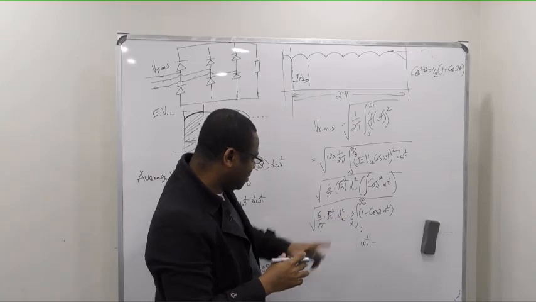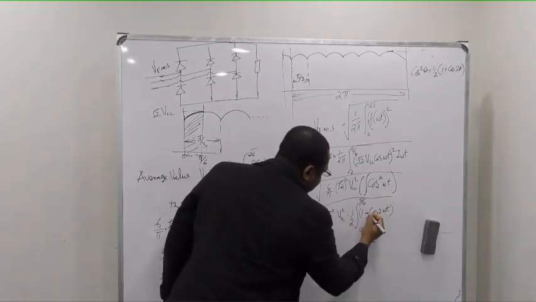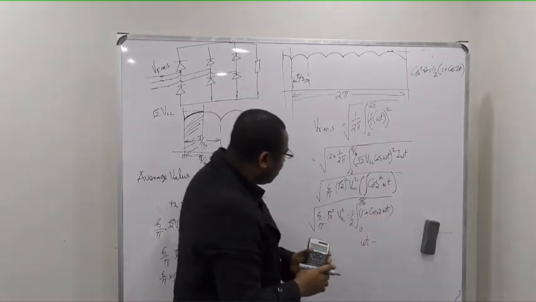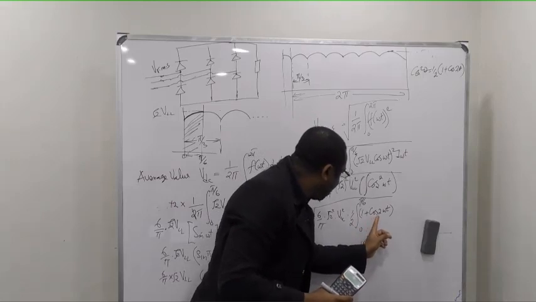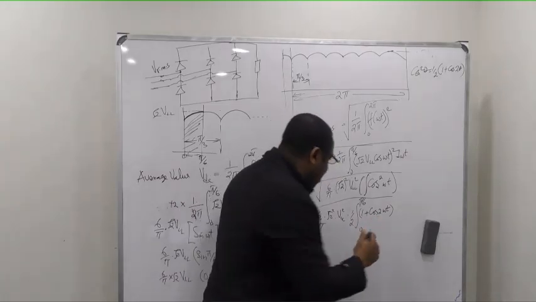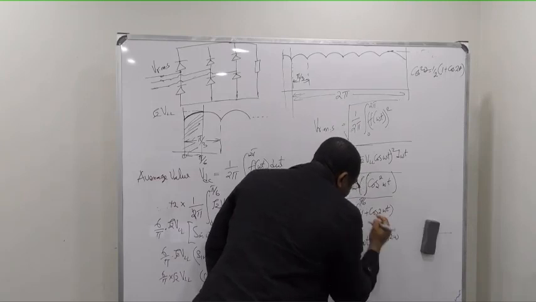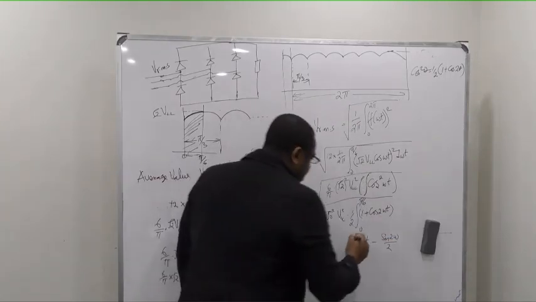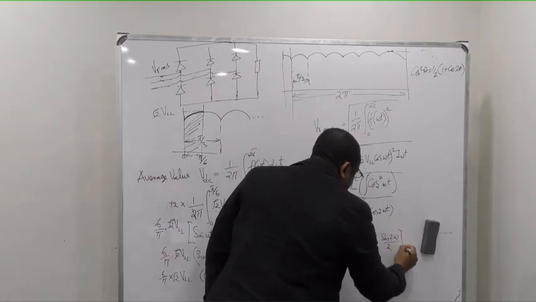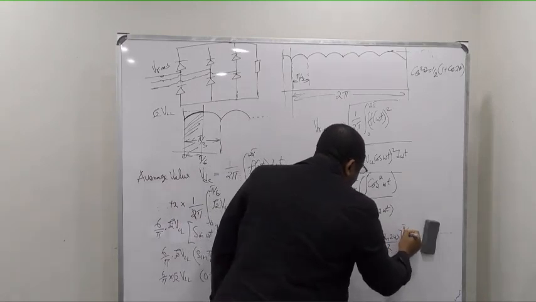So this is 1 plus, okay? Now, cos 2 theta, when you integrate that, you get sine 2 theta. Now, you divide by the 2 there. So you have that from 0 to pi over 6.